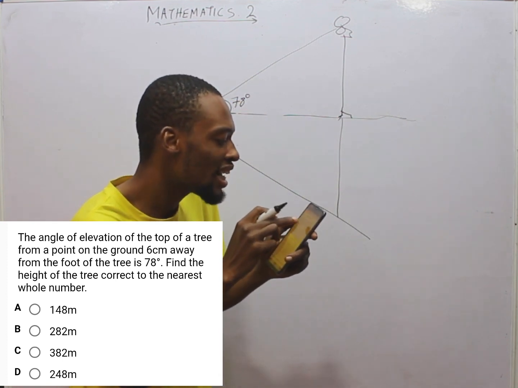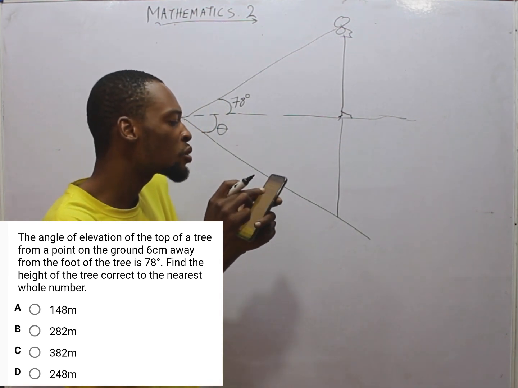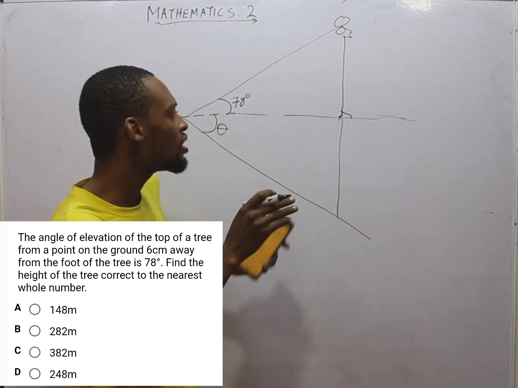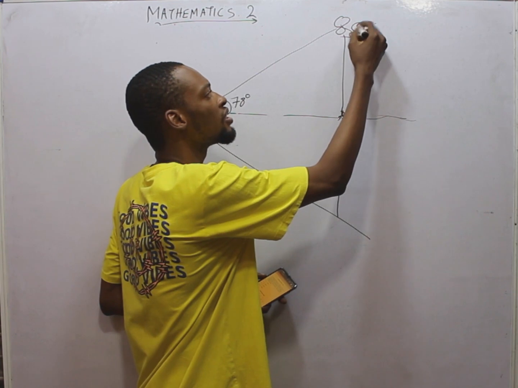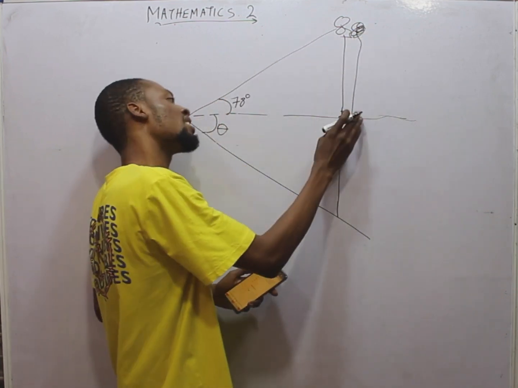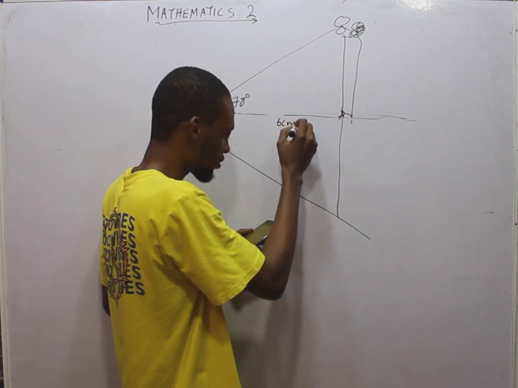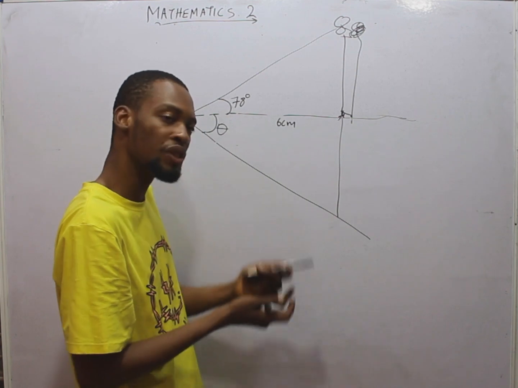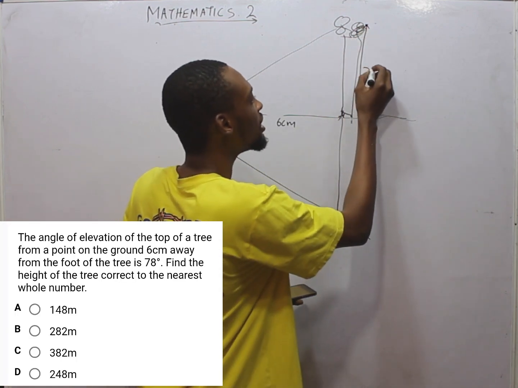The person was looking at the top of a tree, and the distance from the base of the tree is 6 centimeters. We are asked, find the height of the tree, meaning from here to here, let it be S.